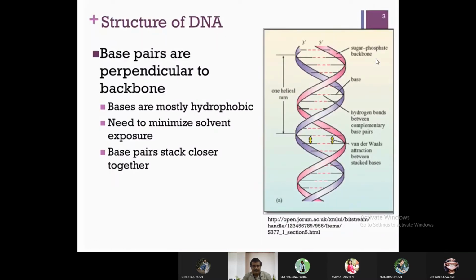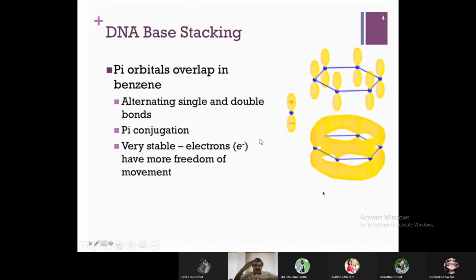Next, as I was telling, the base pairs are always perpendicular to the backbone. Bases are mostly hydrophobic and need to minimize solvent exposure, and that is why bases get stacked against each other, one on the top of the other. In the previous class we told that bases can have two forms, keto form and enol form.